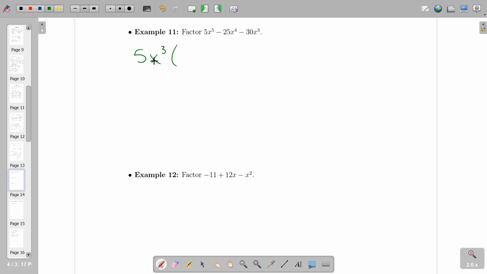So 5x cubed times x squared would give me 5x to the 5th. 5x cubed times minus 5x would give me negative 25x to the 4th. And 5x cubed times negative 6 would give me the negative 30x cubed. And this again looks a lot like what we were doing on the last page, so let's give it a shot here.